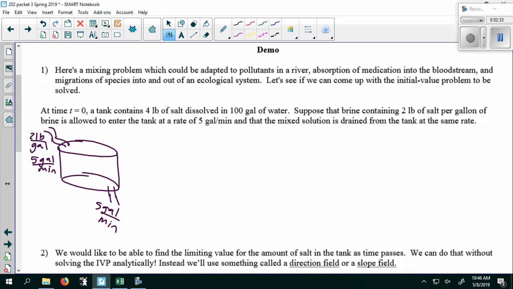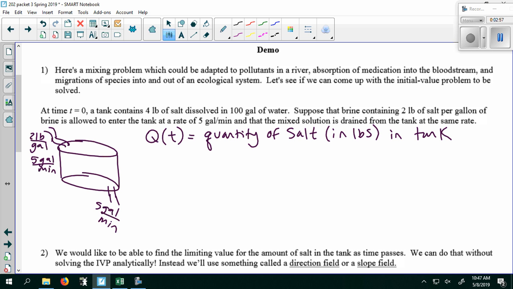Okay, so we're going to let Q represent the quantity of salt. So we have a function Q of t because the quantity of salt in the tank is changing as time passes. So this is going to be the quantity of salt in pounds in the tank at time t.